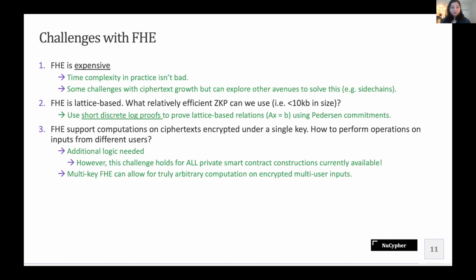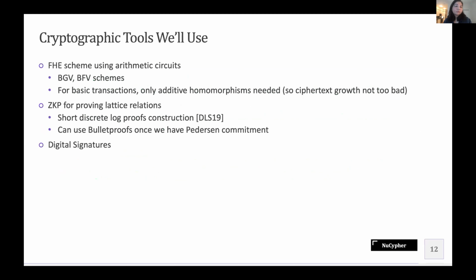There is a different variant of fully homomorphic encryption called multi-key fully homomorphic encryption, and it allows for truly arbitrary computation on inputs that are encrypted with respect to different users and different keys, but we're not going to look at this for now.